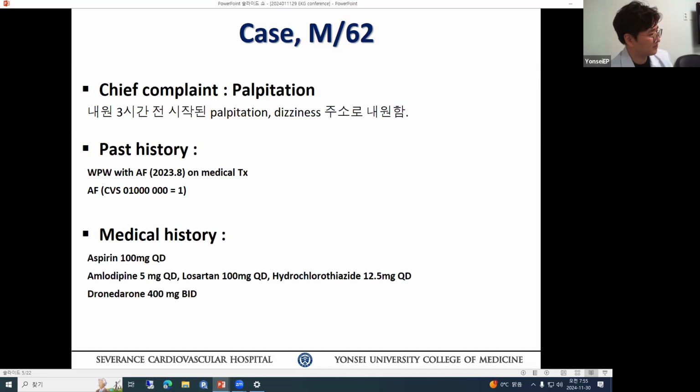So he used atrial fibrillation, looking at the delta wave pattern. If you see more than one, then you have multiple pathways. If you frequently induce atrial fibrillation in the lab during the EP study in a WPW patient, make sure you don't have multiple pathways, because that increases the risk of sudden death. That's the number one message.